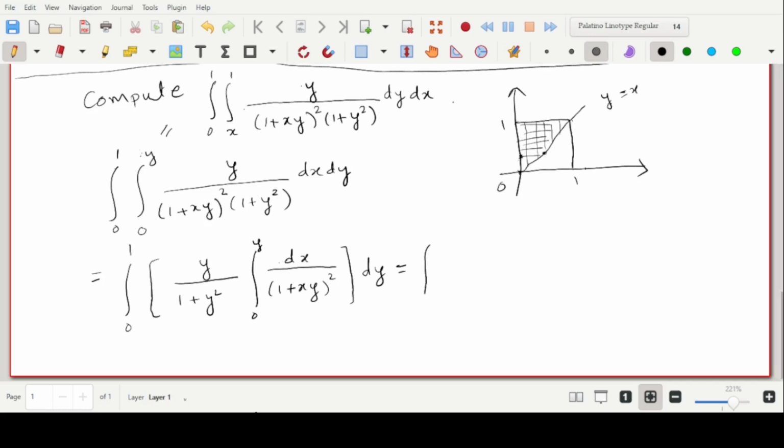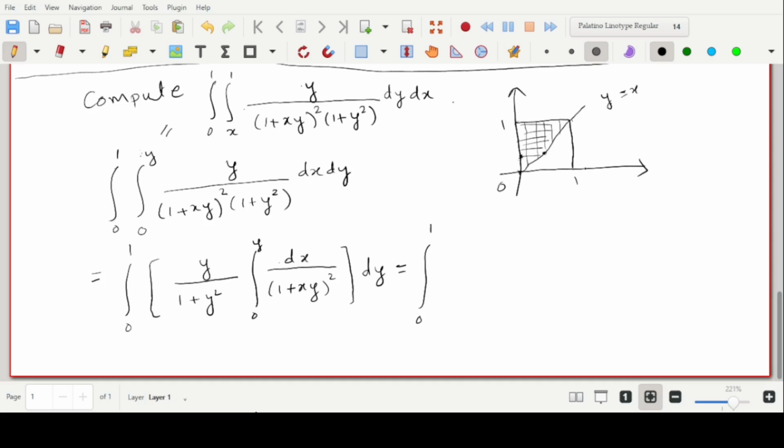Now this is 0 to 1. Now this is of the form a plus bx. Here again y is constant, so 1 is a constant, of course, so it is like (a plus bx) square.